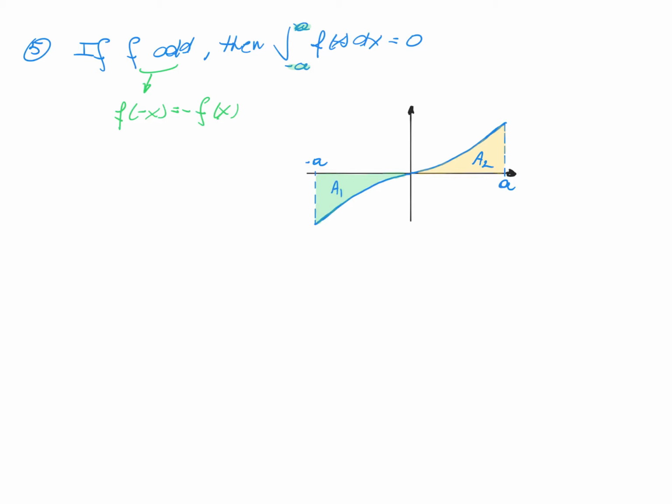We can then write the integral from minus a to a of f of x dx. This is equal to minus A1 plus A2, but since f is an odd function, the area A1 is equal to the area A2.